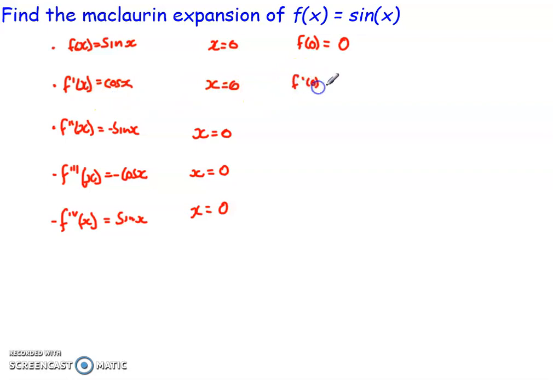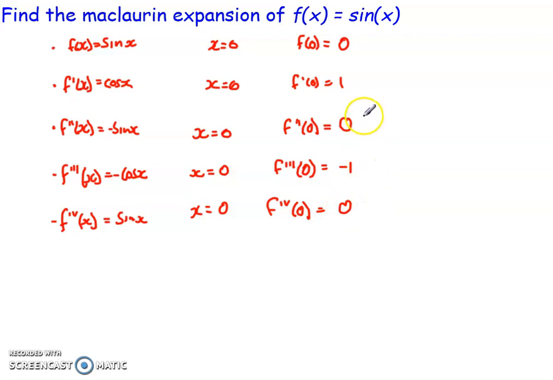First derivative, f dashed of 0, is equal to 1. Second derivative, minus sine x, f double dashed of 0. Well, derivative of minus sine x at 0, that's quite simply going to be 0. And then I continue on. So third derivative of minus cos x, f third derivative of 0 is equal to minus 1. And I can keep going. So fourth derivative at 0 for the sine x is back to equaling 0 again.